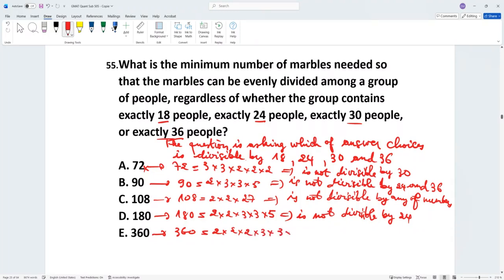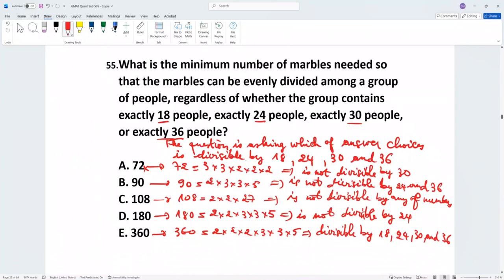Okay. So this is divisible by 18, 24, 30, and 36. If you divide by 18, for example, we know that 3 times 3 is 9, times 2 is 18.